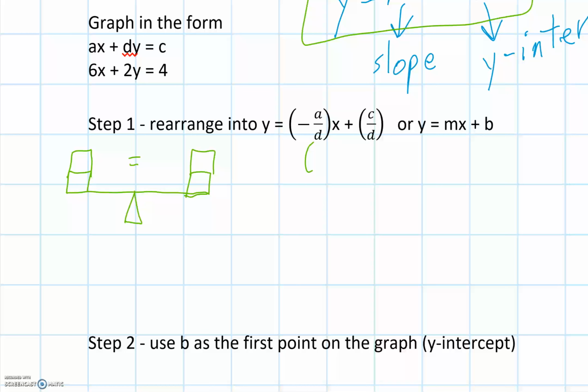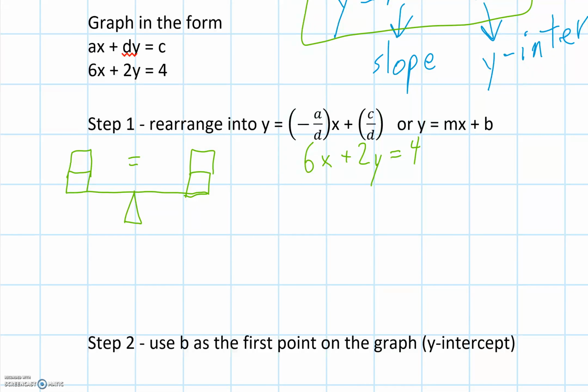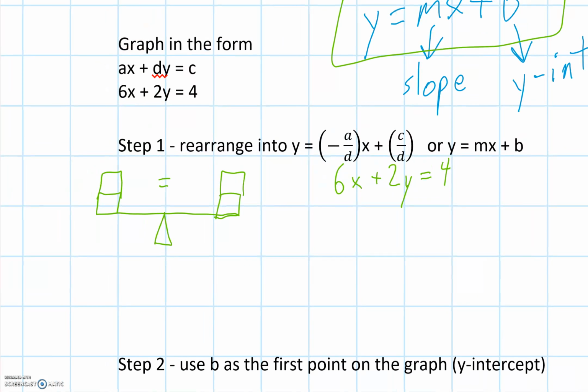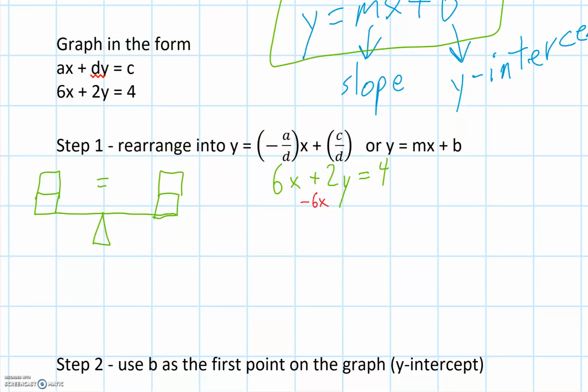So let's write out our equation again: 6x plus 2y equals 4. What I want to do is get it into this y equals mx plus b form. So I want to get y by itself first of all. To do that, I'm going to use a different color here. Let's choose red. I want a minus 6x on this side because I don't want the 6x on that side.